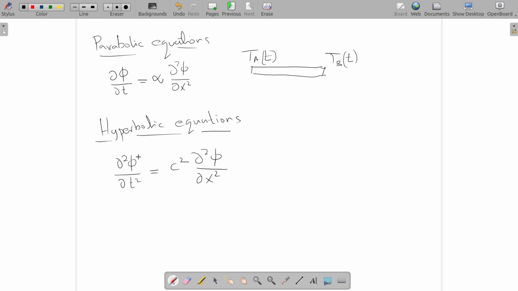So if phi is displacement, the second derivative of displacement will be acceleration, and that's a term there. So this class of problems, hyperbolic equations, is very commonly used for vibration problems.